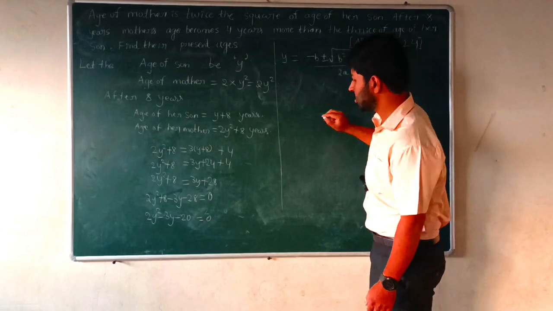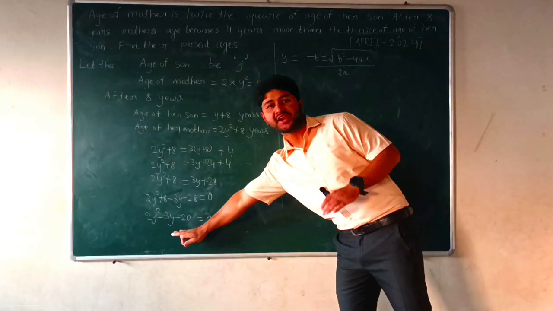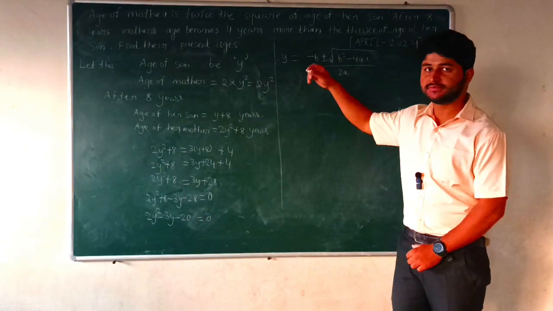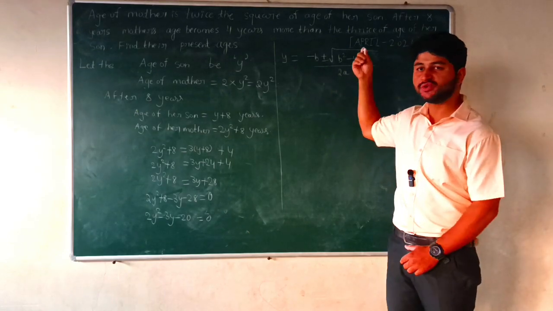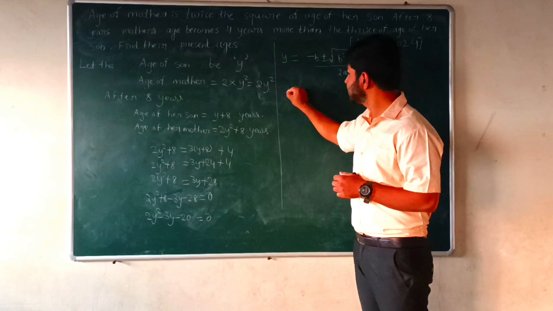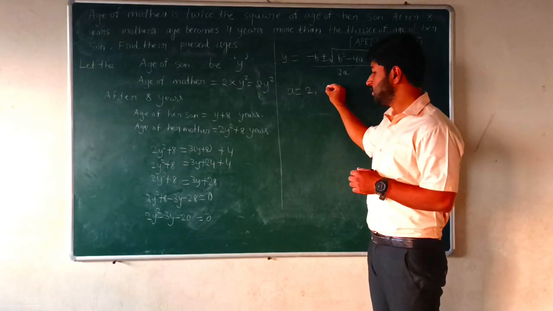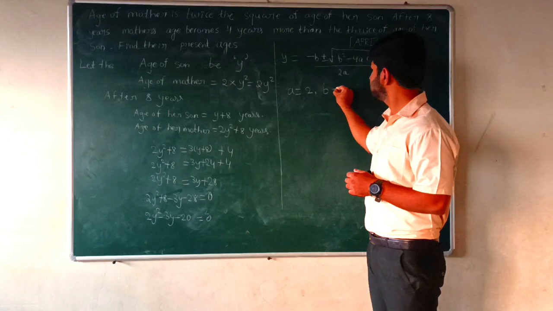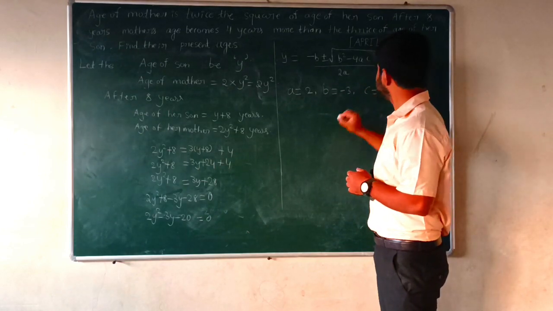Okay, what we are going to do here is compare this quadratic equation to the quadratic equation that we know, that is ax square plus bx plus c. So by doing that, we find that the value of a is equal to 2, value of b is equal to minus 3, and value of c is equal to minus 20.